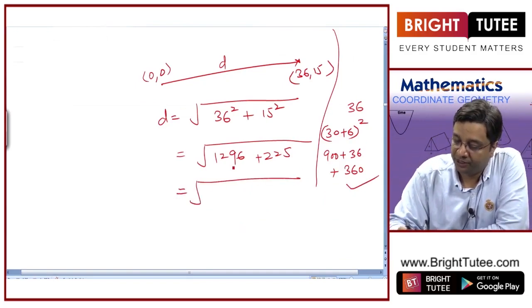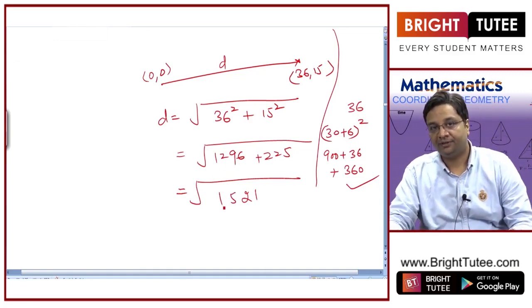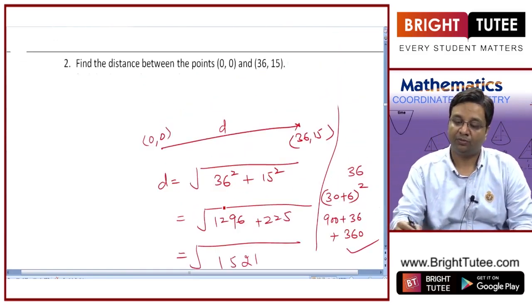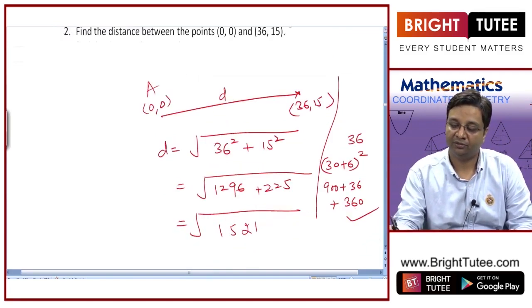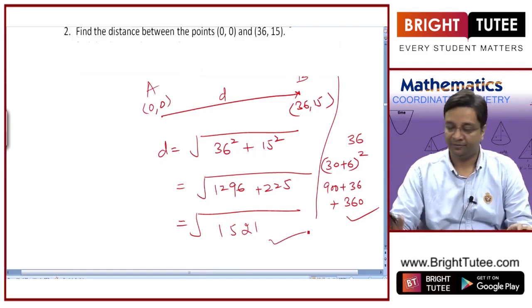So when you add this, you'll get 1521, right? So this is the distance between these two points, and now he's talking about the distance between two towns A and B. Let's say this is town A, this is town B. So this is the distance between these two towns, right?